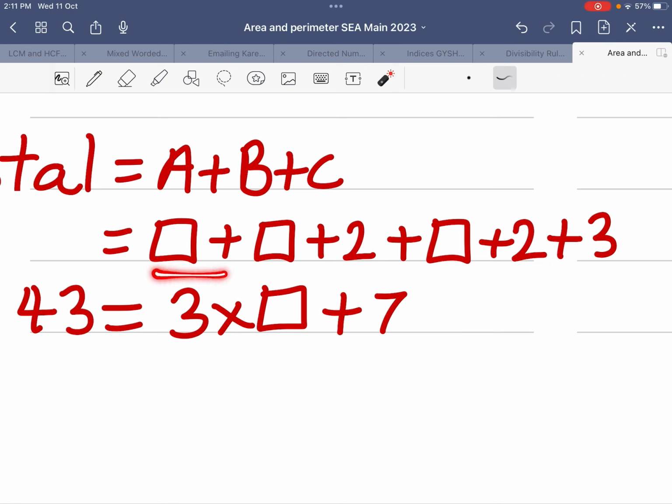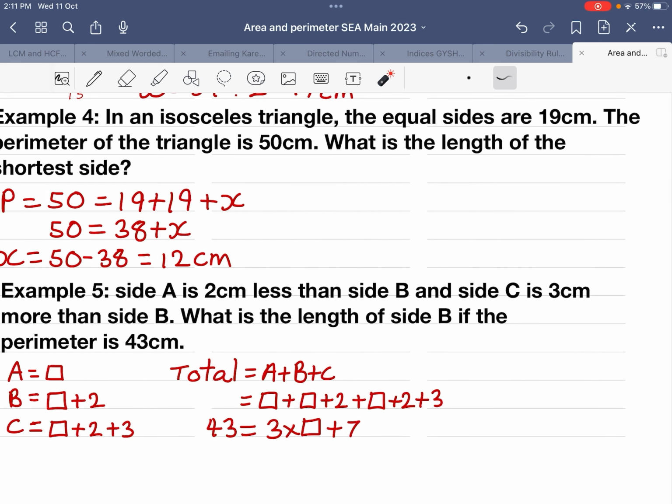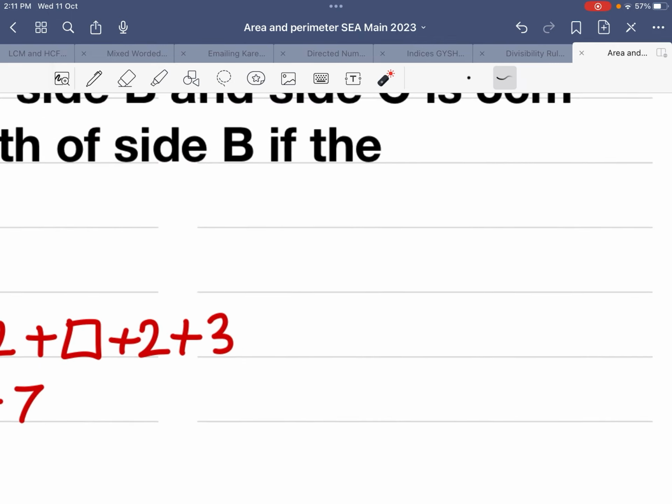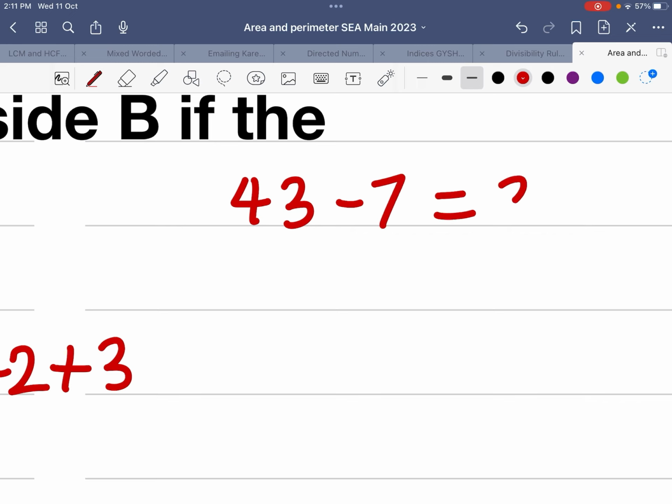Now we cannot add the boxes and the numbers together as one. We can't say 3 boxes plus 2 is 5. We can't do that. So let's continue. 43 is equal to 3 boxes plus 7. So if we take away the 7, we remain with just the 3 boxes. 43 take away 7 is 36.